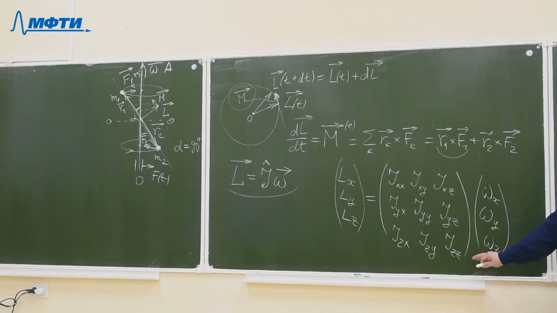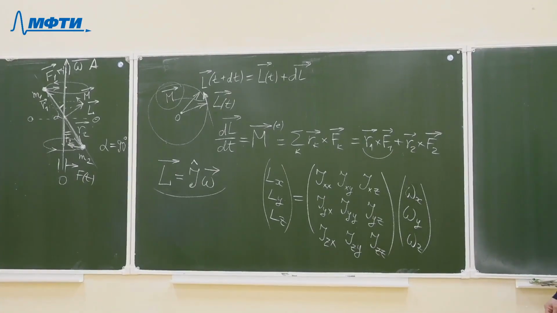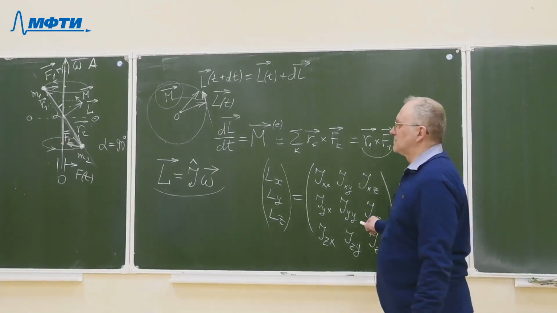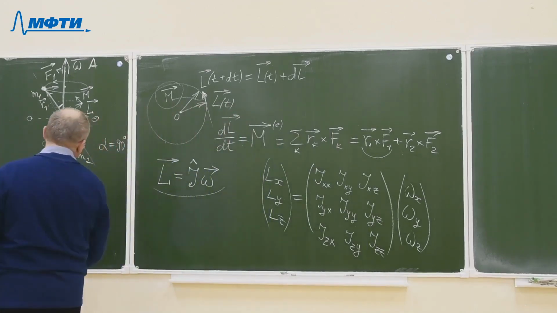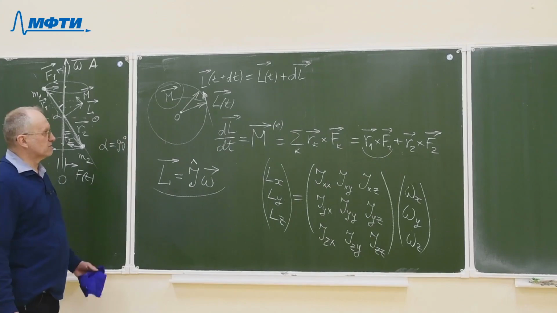This is very important in physics, in different branches in different fields of physics. This is a mathematical field which is called linear algebra, which studies matrices, and please learn it and repeat this topic if you don't know it well, because it's very important.